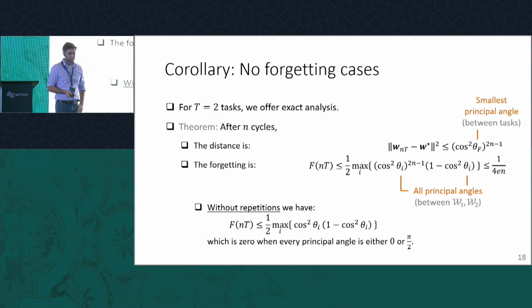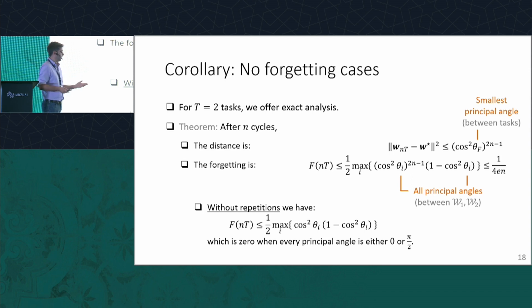And what happens if we don't do repetitions? We just do 2 tasks. So here n equals 1, and we have this expression. What can we say about just 2 tasks? If we look at this expression, we know that if the angle is 0 or pi over 2, meaning the tasks are identical or orthogonal, then we get 0 forgetting.